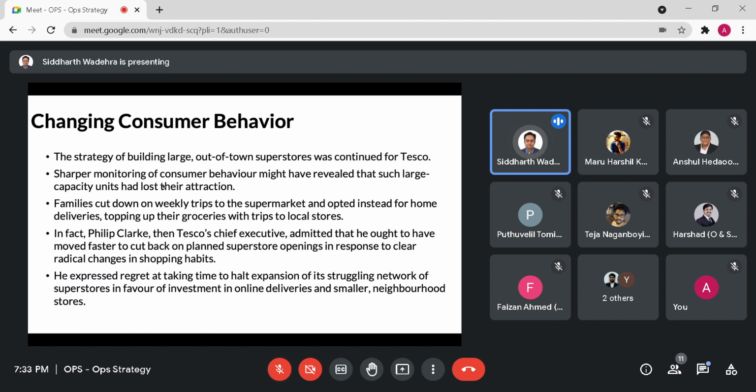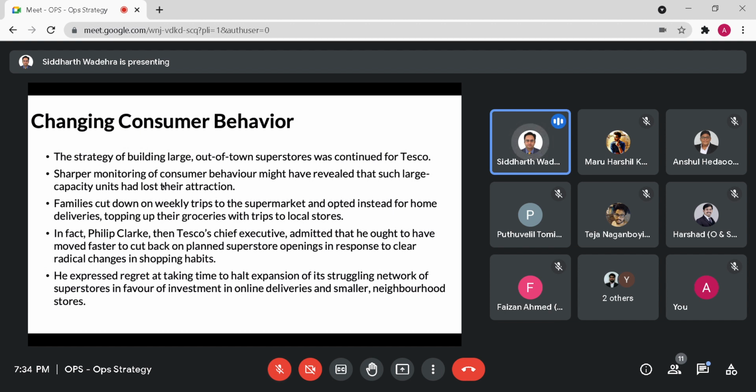Typically, in the case of Philip Clark also, he failed to take into account this radical change in consumer behavior, and over time there were about 3-4 years where the organization slumped. They lost 4% of their market share. They were at a £6.4 billion loss.